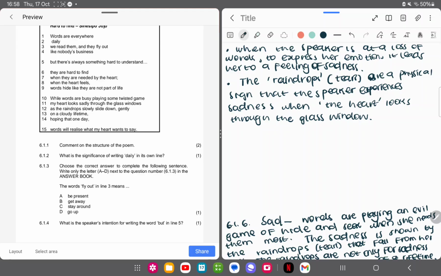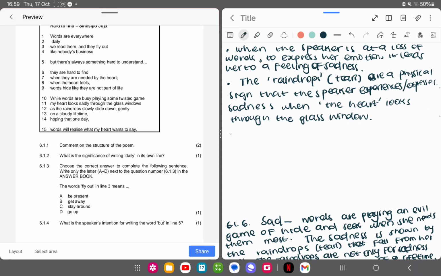If you don't want to say that the speaker experiences sadness, you can say that the speaker expresses, because we are told that the speaker expresses feelings of sadness whenever they are unable to find the right words.